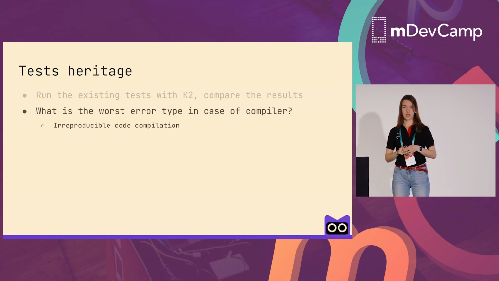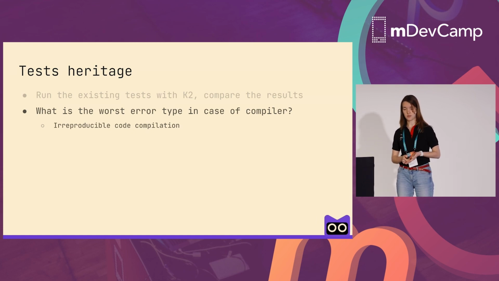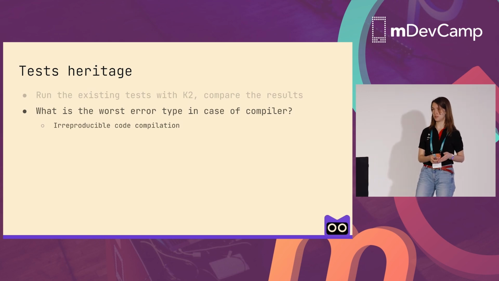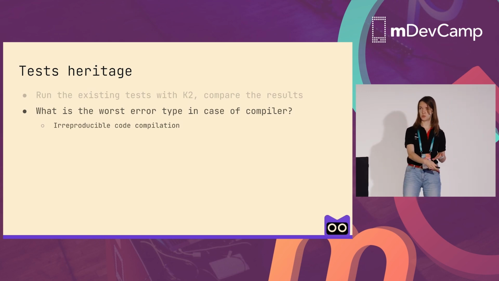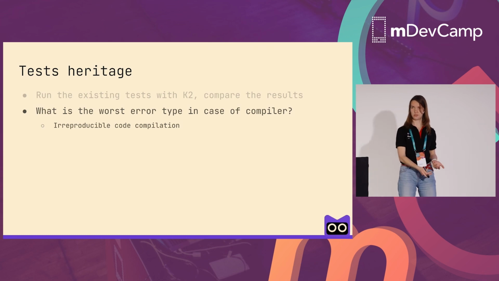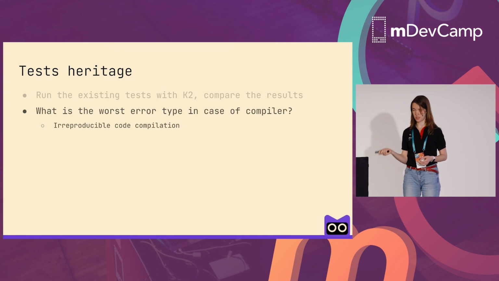So the first type of bug you may meet with the compiler is that the compiler behavior is not consistent. You compile some code, then the same code doesn't compile, or it runs differently. This is the first type.